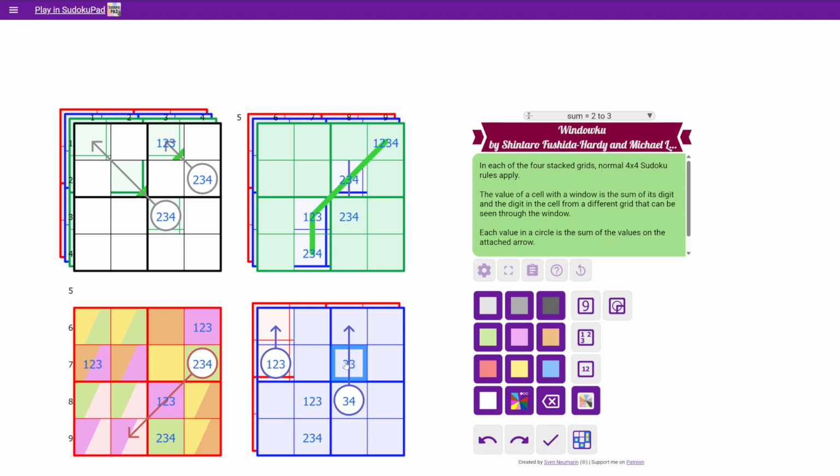And this has to be the high number. This is a 1 or a 2. This is also seen here.